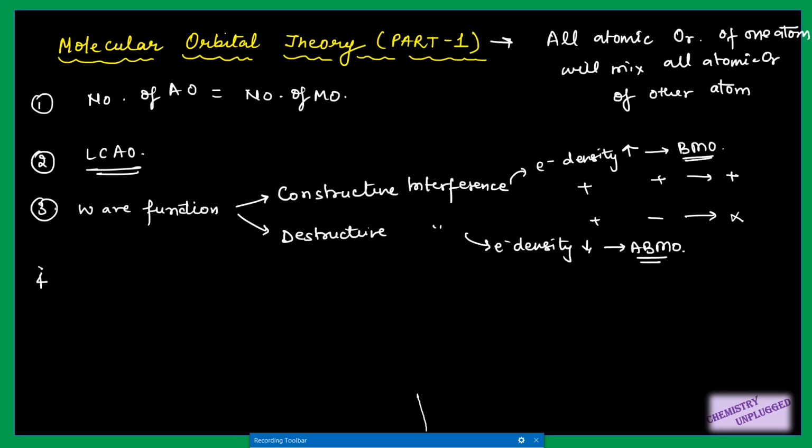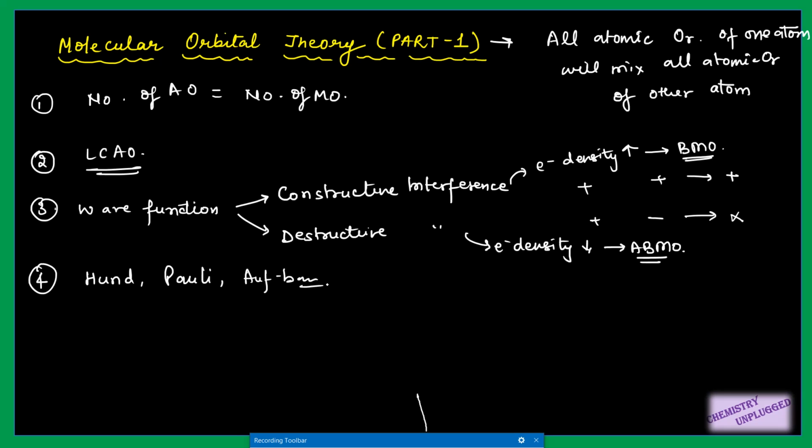The next important point is that when you are filling your atomic orbitals, you follow certain rules: Hund's rule, Pauli's rule, Aufbau rule. You all know about these rules. The same rules will be followed here: Hund's rule, Pauli's exclusion principle, then your Aufbau principle. Filling will take place according to these rules again.